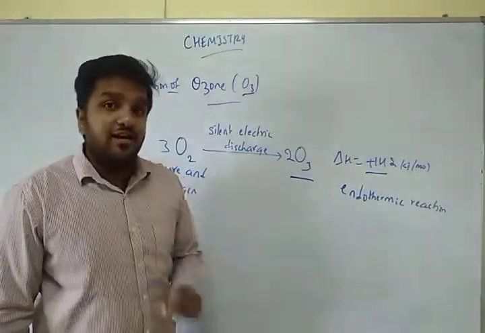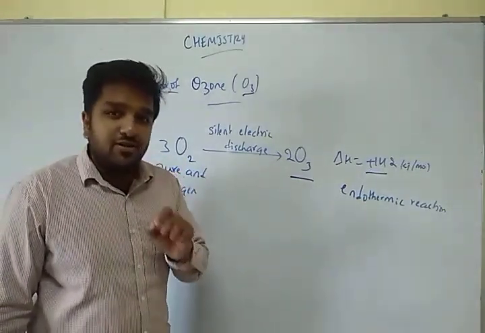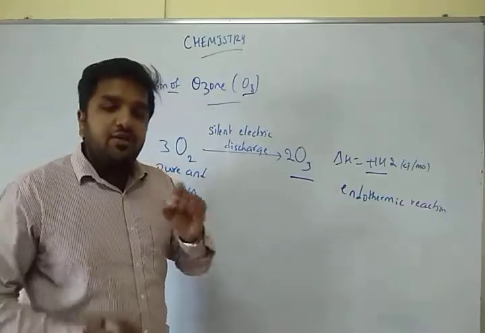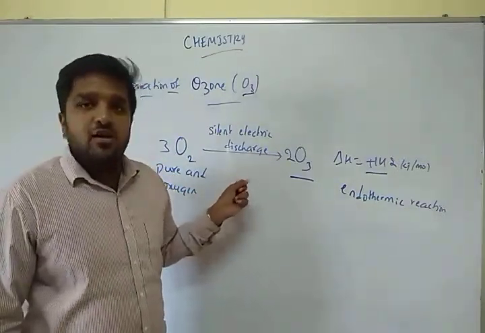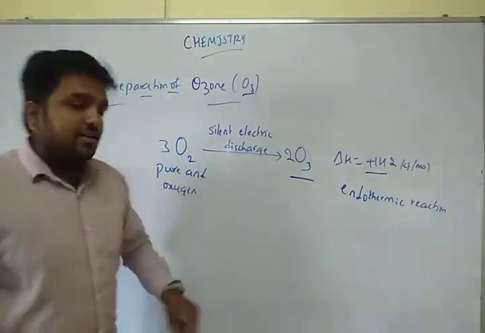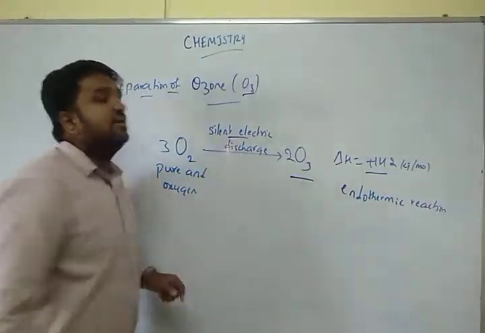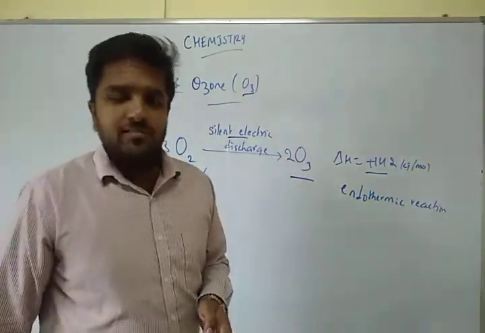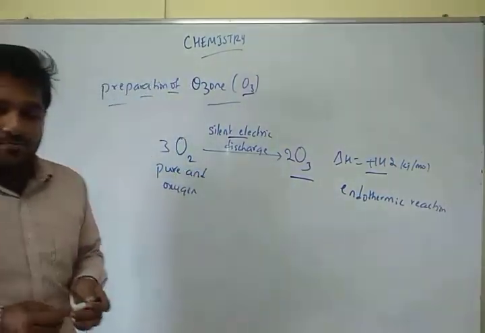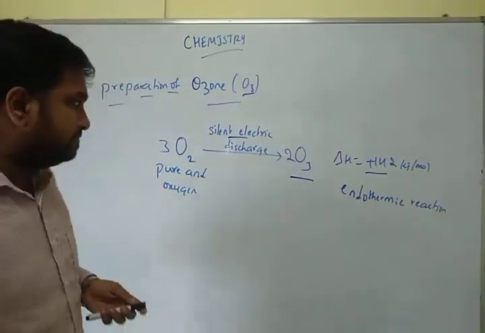That means it is an endothermic reaction. What do you mean by an endothermic reaction? So we need to supply energy in order to make this reaction happen. Clear? So we are using the silent electric discharge in order to prevent the decomposition. Clear? So this is the simplest way of preparation of ozone.